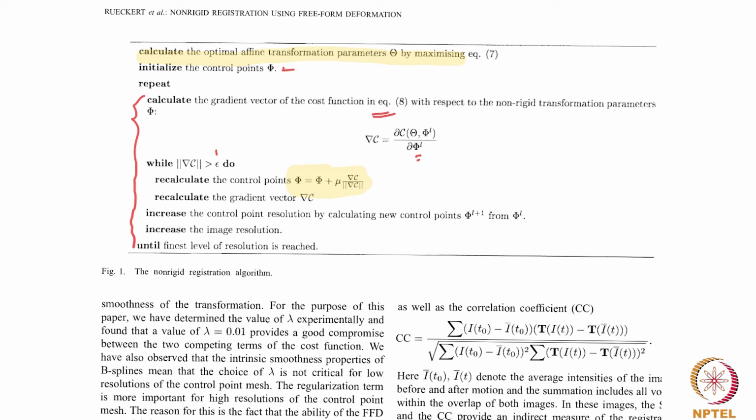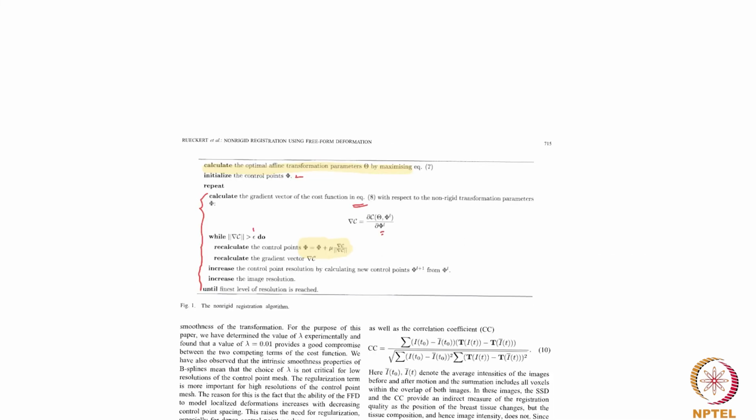So this is the typical procedure for non-rigid registration using B-splines. The authors have got excellent results for this. We will look at a demonstration of this in a later class next week. For now, that's just the summary of the algorithm.